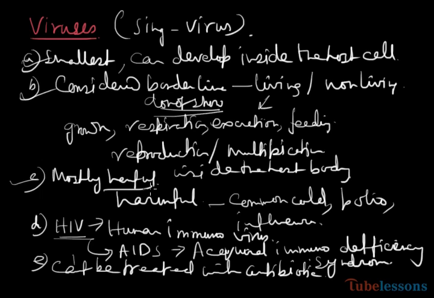They are mostly harmful in nature, like common cold, polio, influenza, the common viral diseases. HIV virus is the most important and harmful virus causing AIDS in human, and it can't be treated with antibiotics. So, the cure of viral disease is more complicated or difficult than to cure the bacterial disease, since bacteria can be treated with antibiotics, but virus cannot.